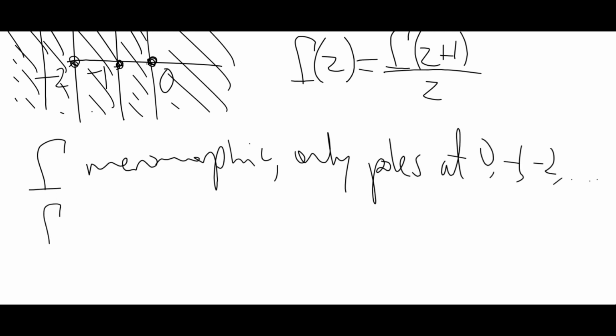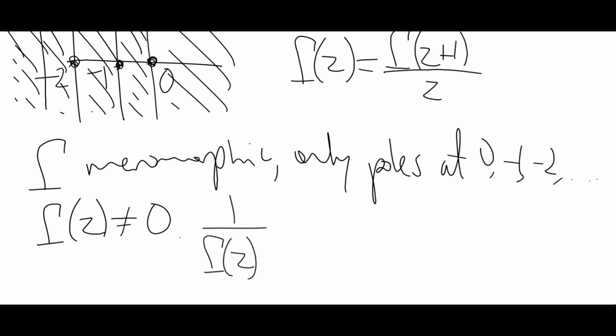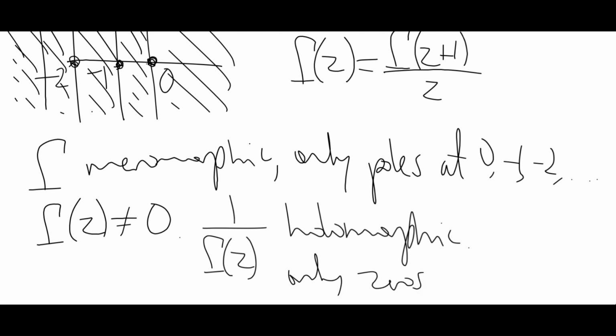And to make things even better, it turns out that gamma is never 0. Okay, so what does this all mean? Well, it means that if we take the reciprocal of the gamma function, now I'm taking the reciprocal of something non-zero, so this is actually holomorphic. And the only zeros are from the poles of gamma, so the only zeros are 0, -1, -2, and so on.